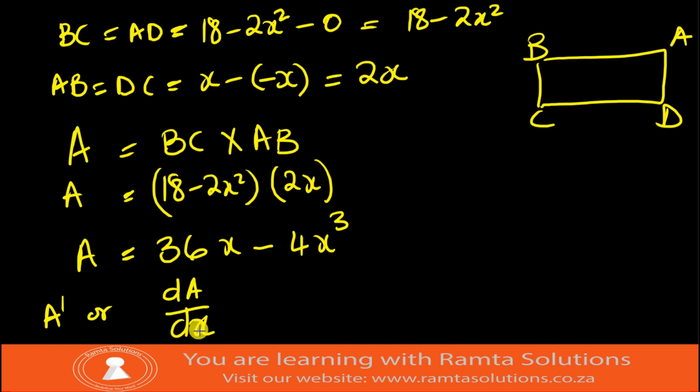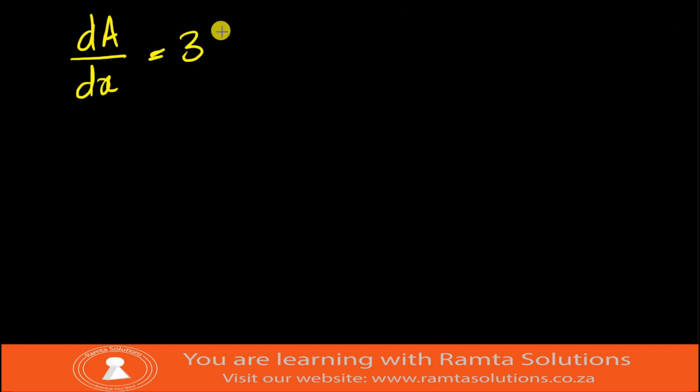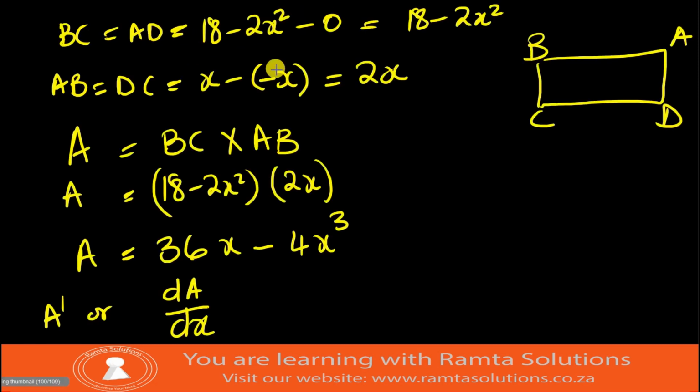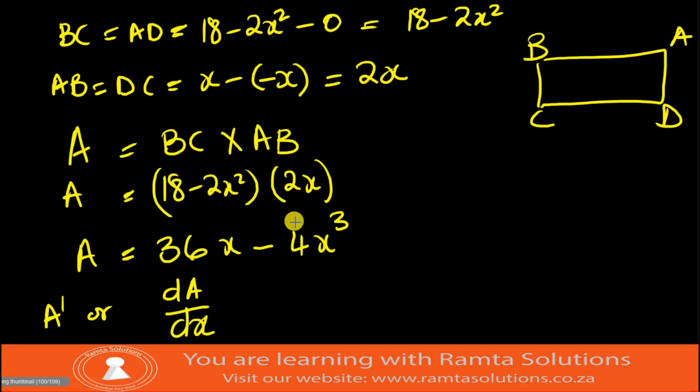Okay, so let's get into it. I will say dA/dx. Now we are optimizing. dA/dx, this is to find the largest. dA/dx equals 36 minus 12x squared.